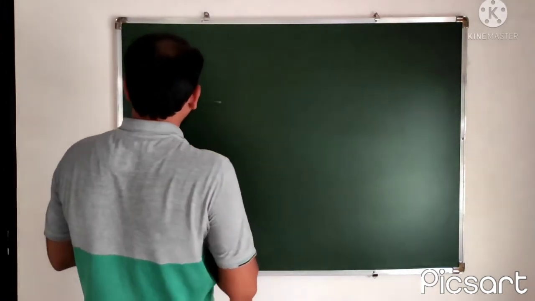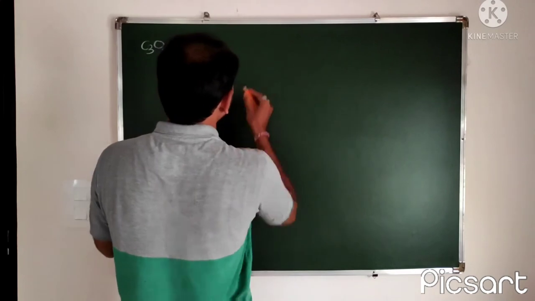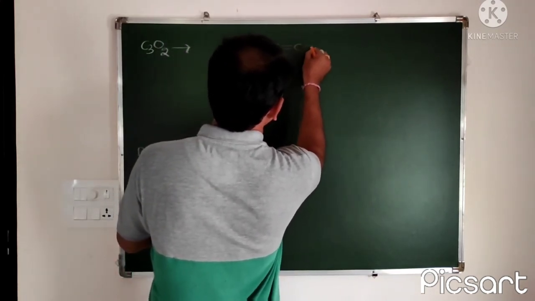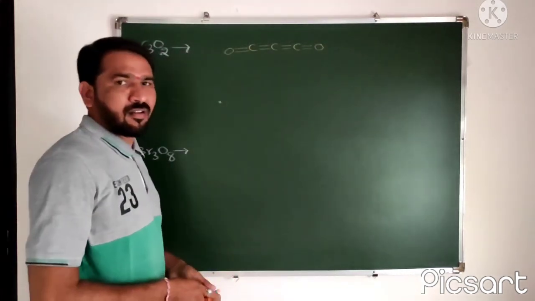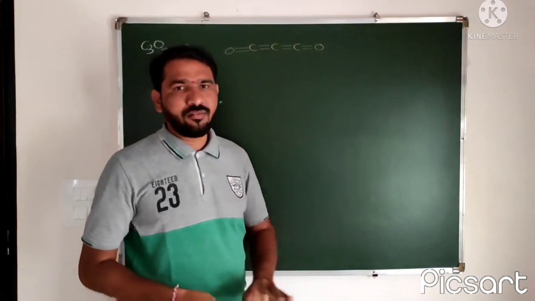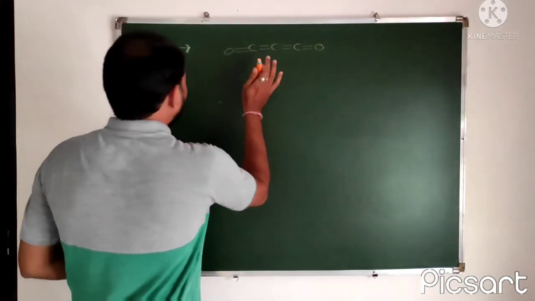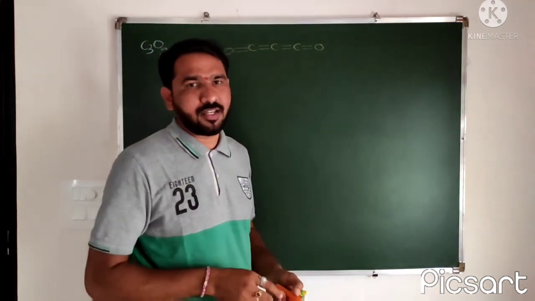The structure is O double bond C double bond C double bond C double bond O. By this all covalencies of the atoms are satisfied. This is exactly the structure of C3O2, which is named carbon suboxide.